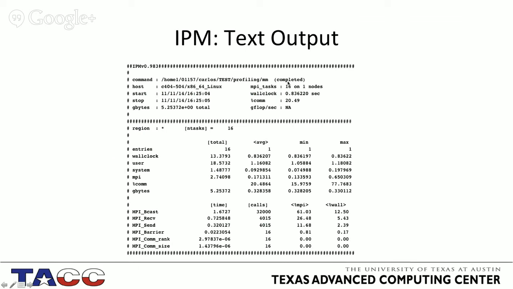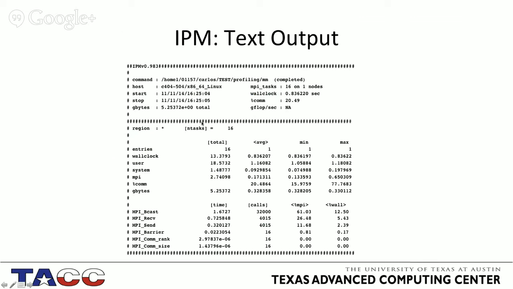I was running on 16 MPI tasks on a single node. It took less than a second to run because this was a trivial example. It will tell you the start and stop times. And you might not normally look at this, but for example, if you're reporting a problem to us, this might help us look at the logs to see what was happening between those two hours, see if there was some issue with the network that might have affected your execution rate.